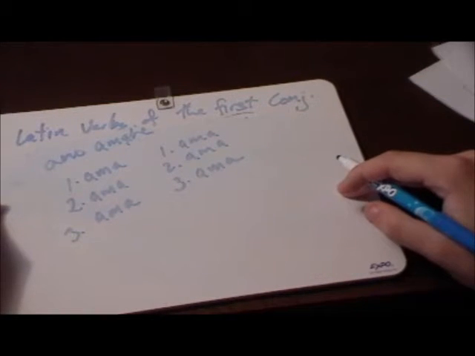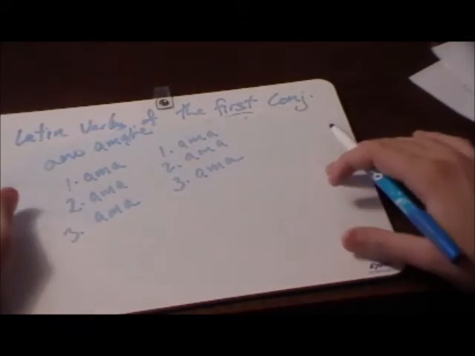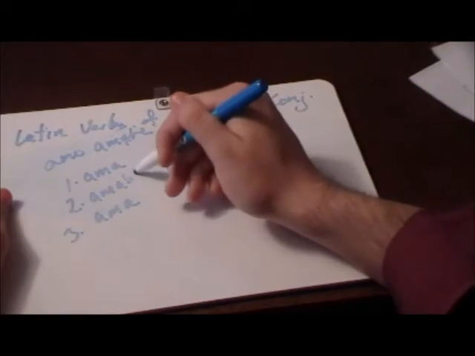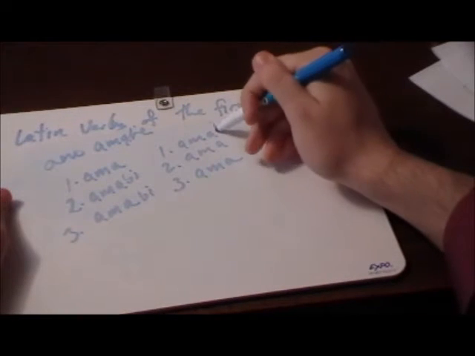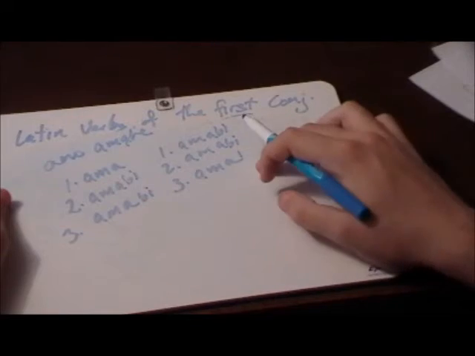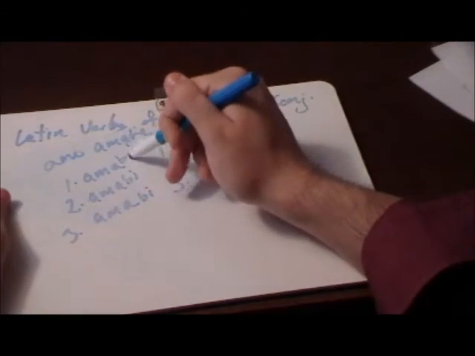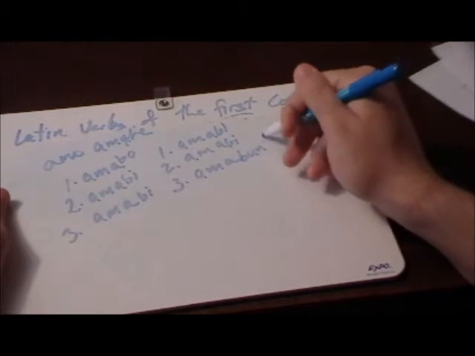Now the next step is to add your tense indicator. So we've got to watch out for the first singular and the third plural. All the rest get BIs. So watch the third plural and the first singular. That gets a bo and that gets a bunt.